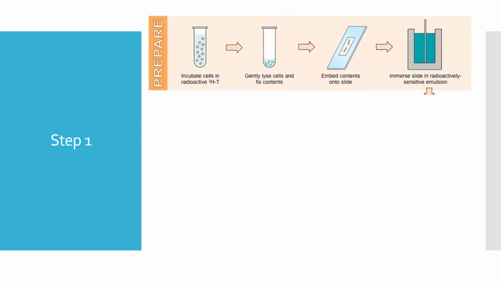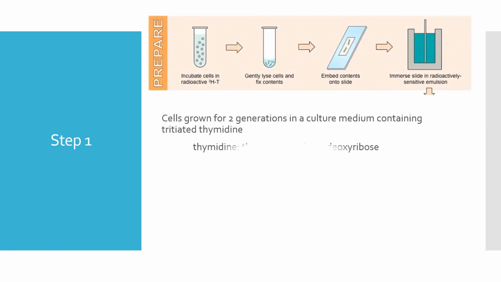Now I would like to mention the steps, or you could say the procedure, in Cairn's technique. First, cells are grown for 2 generations in a culture medium containing tritiated thymidine.